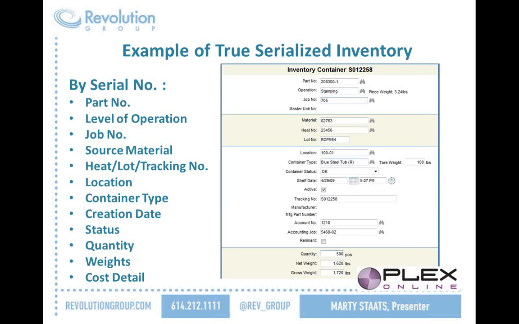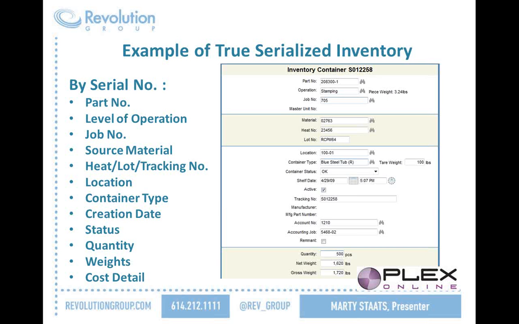You can see its part number, the level of operation. It could be assigned to a specific job number within your facility. Maybe you have source material that you're tracking it to, and you have the capability of tracking heat, lot, and tracking numbers associated with those containers.